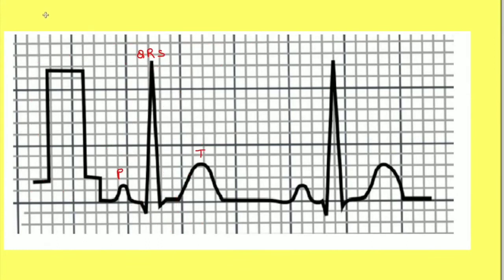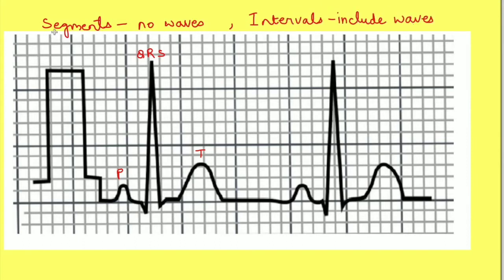First thing to remember is segments do not have any waves between them, but intervals include waves. So what are these segments and intervals? We will talk about 3 segments and 5 intervals. The segments are PR segment, ST segment, TP segment. So PR segment, remember segment does not include wave.